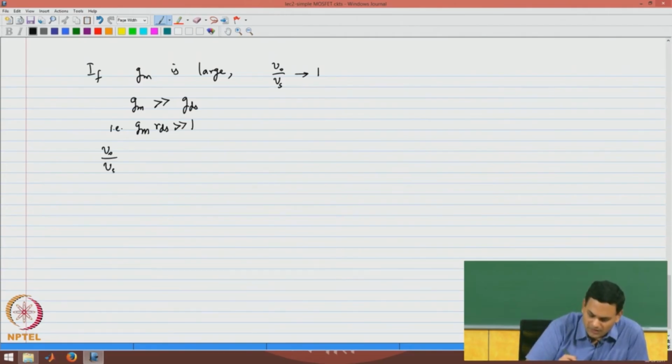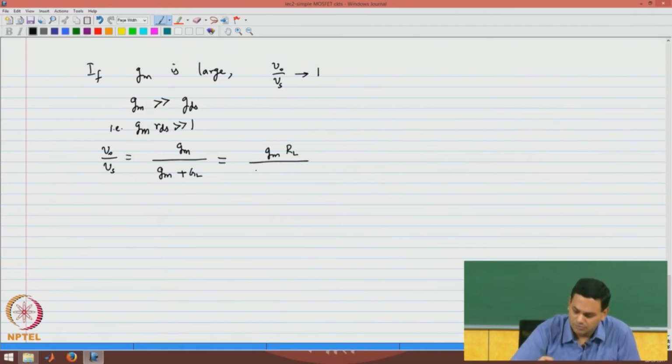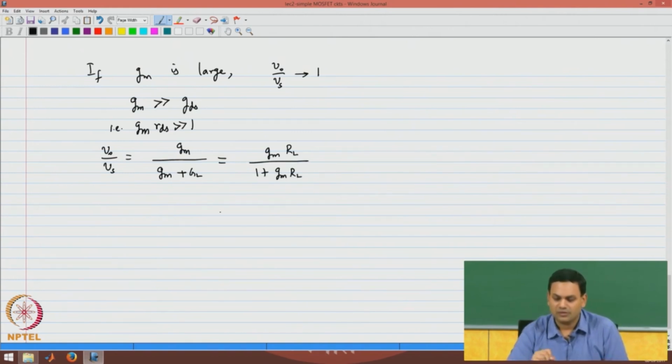So, now I will write the gain like this, but now I can substitute for GL to be 1 by RL, and now this tells you what large GM means.